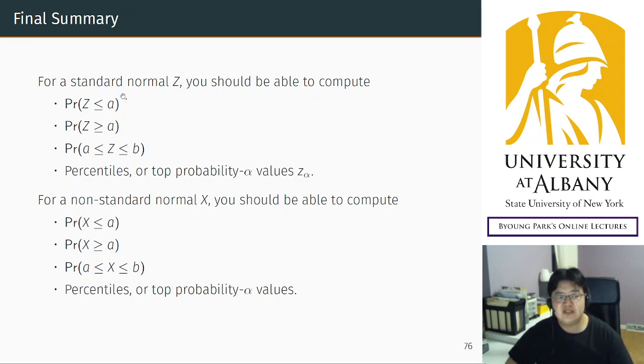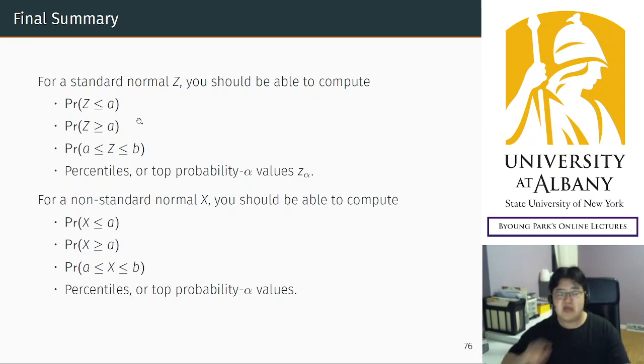And then from this information, you can calculate the probability greater than something, which is not a cumulative probability, but it is implied by the cumulative probability. And also, you can calculate probability between 2 points. So these three forms of probabilities are all we need. Any kind of probability can be calculated as a combination of those three types of probabilities.